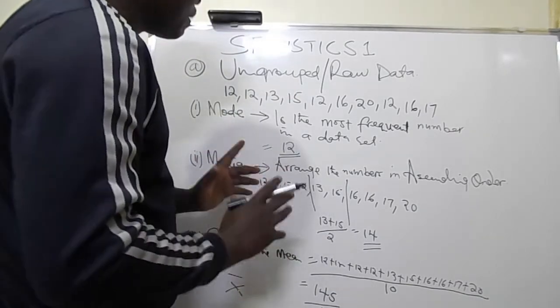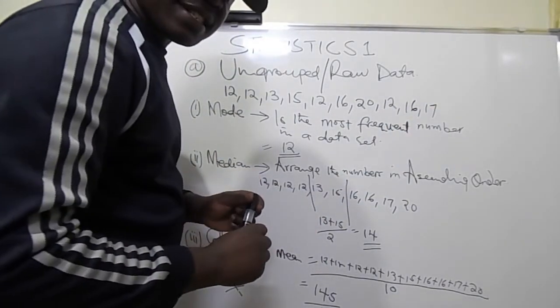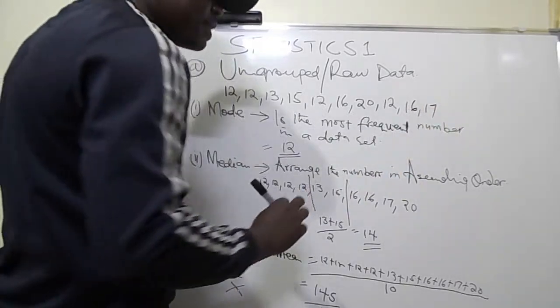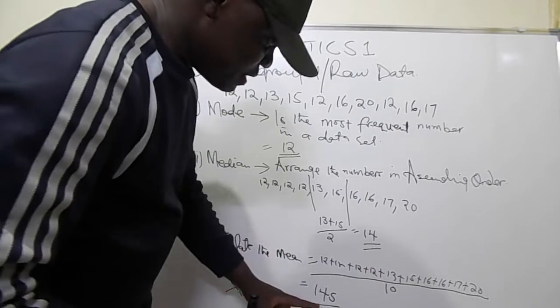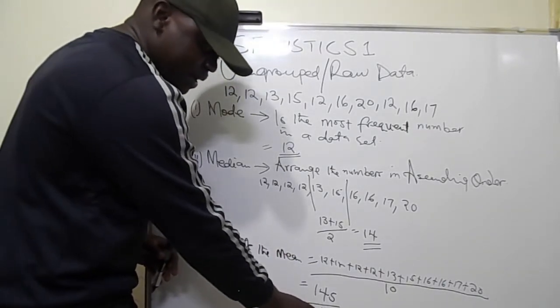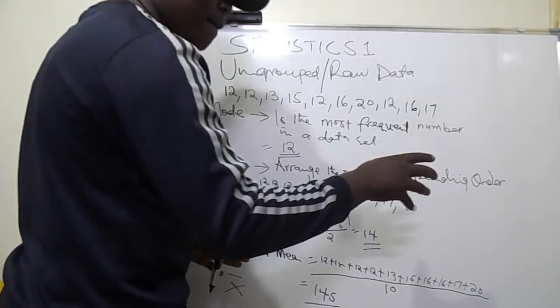How do you calculate the mean? You add all the numbers and then you divide by their number. All right? You add the numbers and then you divide by their number. And if you add all these numbers, then your answer is going to be 145. You divide by the number, which is 10, to get 14.5 as the mean.